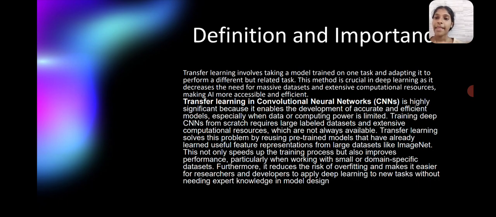Transfer learning solves this problem by reusing pre-trained models that have already learned useful feature representations from large datasets like ImageNet. This not only speeds up the training process but also improves the performance, particularly when working with small or domain-specific datasets.